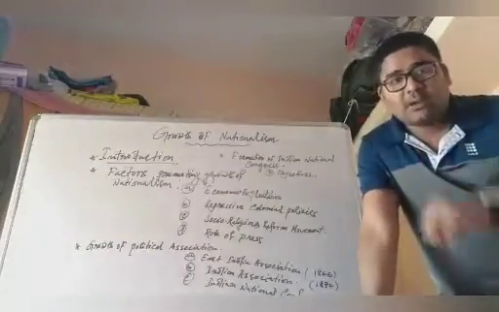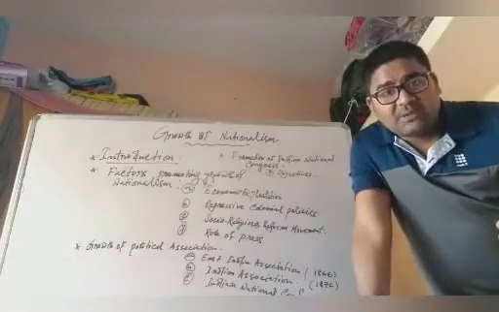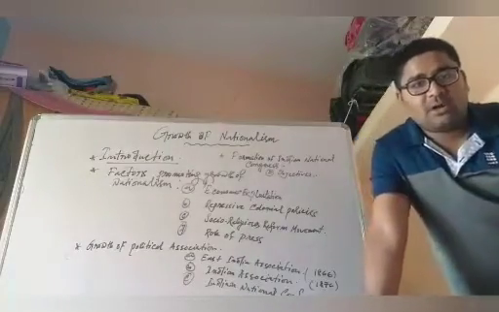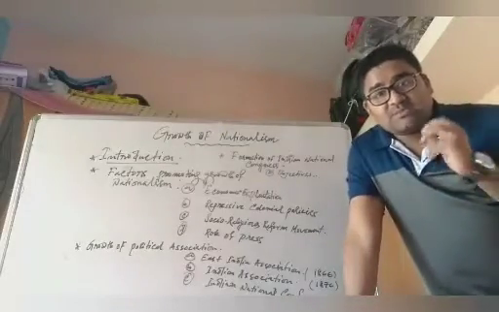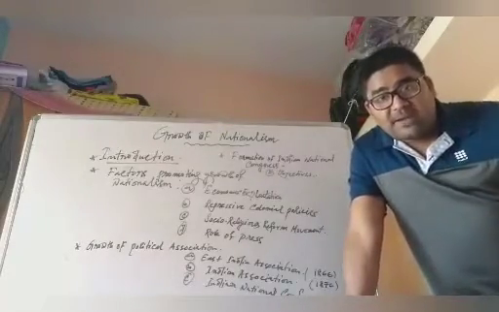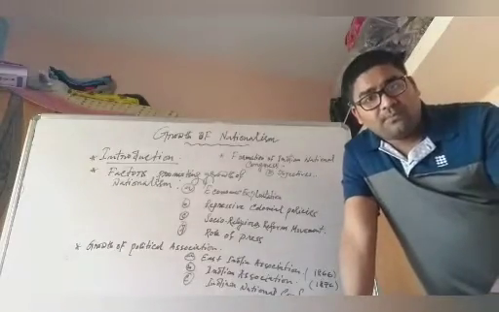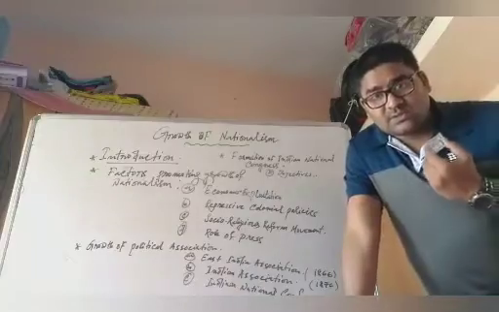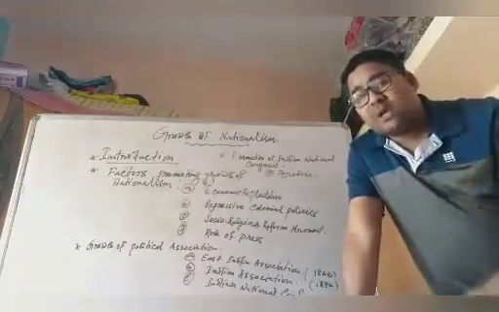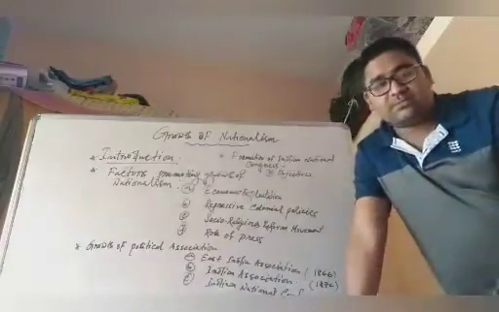Number two, the integration of the Indian people on the basis of their common political interest. Number three, mass participation in public movements. And number four, promotion of friendly relations between Hindus and Muslims. So these four were the main objectives of the Indian Association.